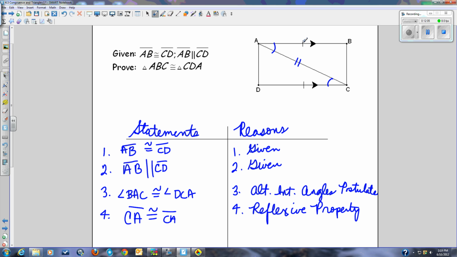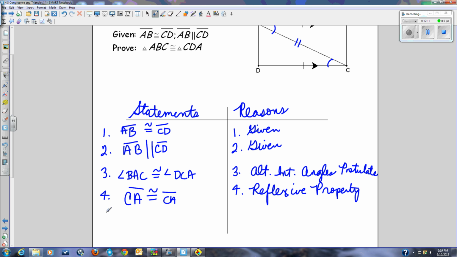And so now notice in each triangle we have side, angle, side. That's all we need to prove the two triangles congruent. So triangle ABC is congruent to triangle CDA by side, angle, side.